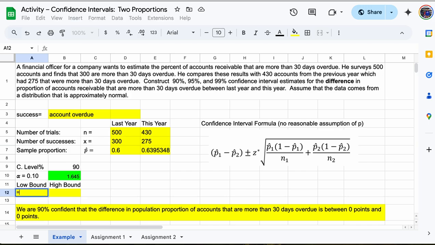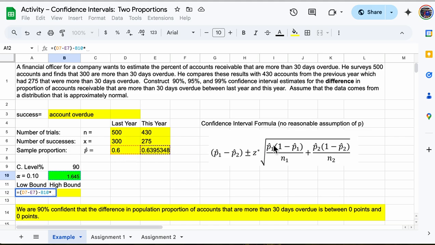I'm going to put in equals. I want to do P hat for last year minus P hat for this year. Minus, we're going to take our critical Z value, multiplied by all of this stuff referencing D7 and D8.